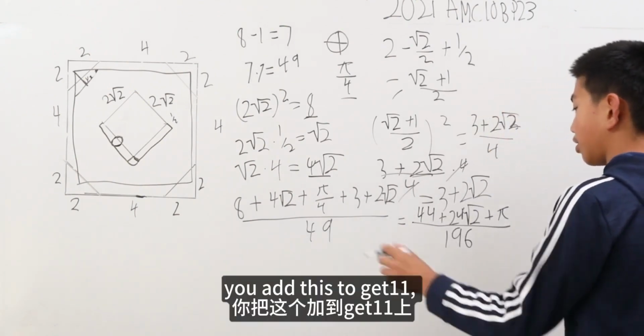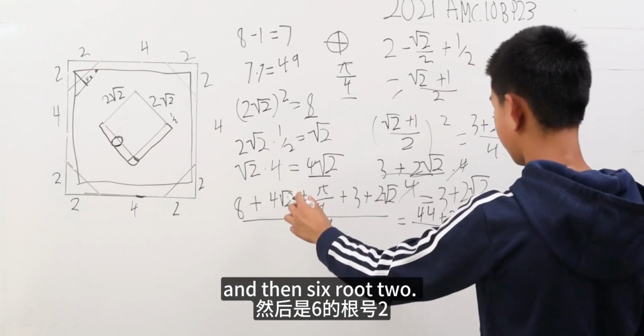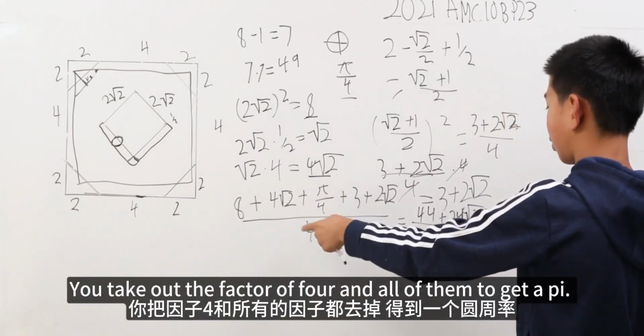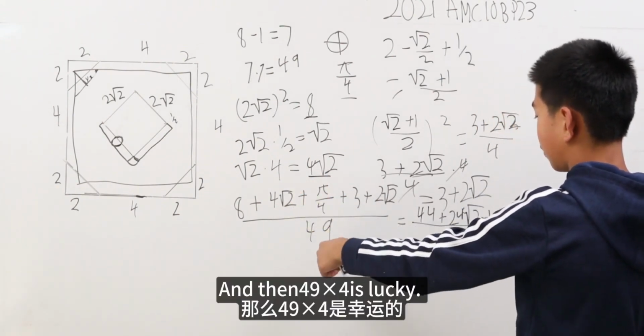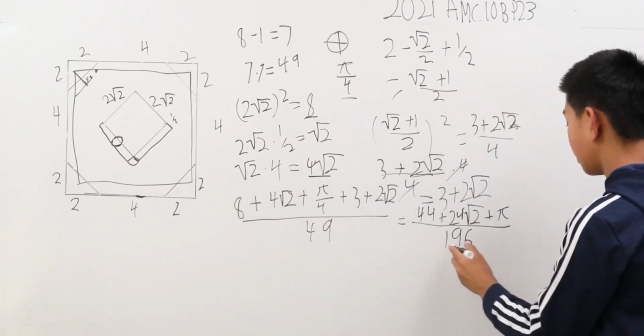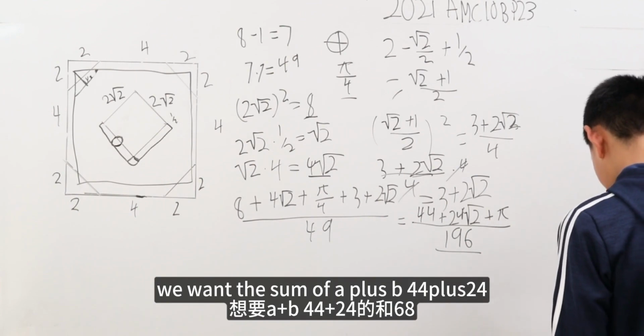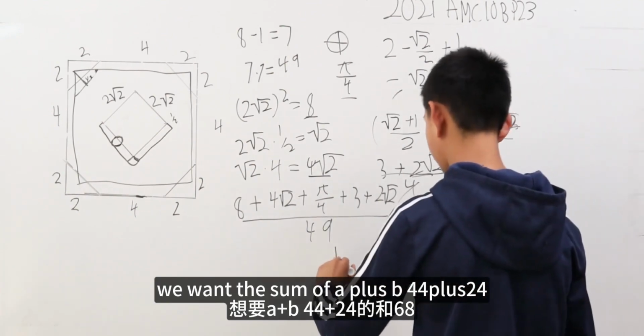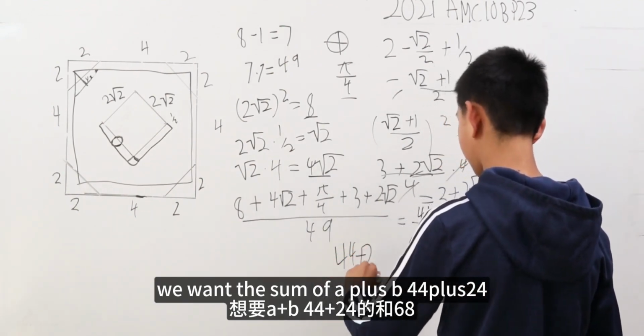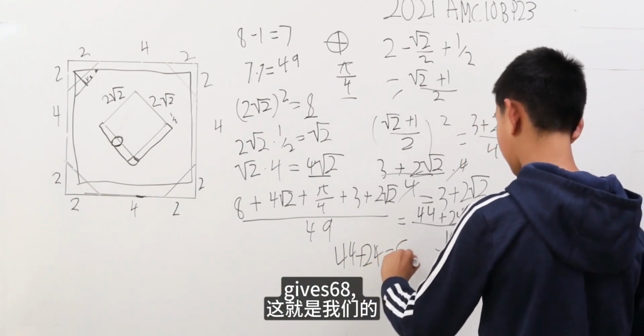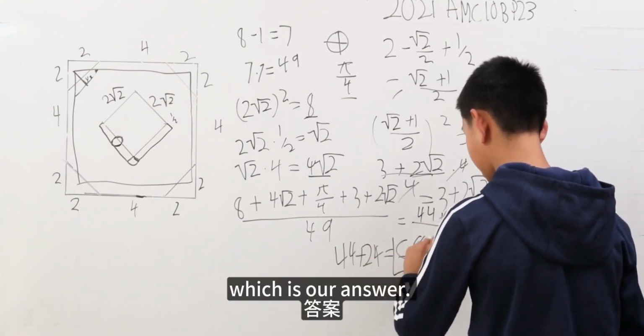Because, first of all, you add to get 11 and then 6√2. You multiply everything by 4 to get a π, and then 49 times 4 is, luckily, 196. We want the sum of a plus b. 44 plus 24 gives 68, which is our answer.